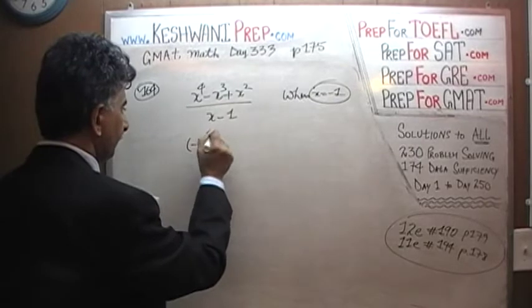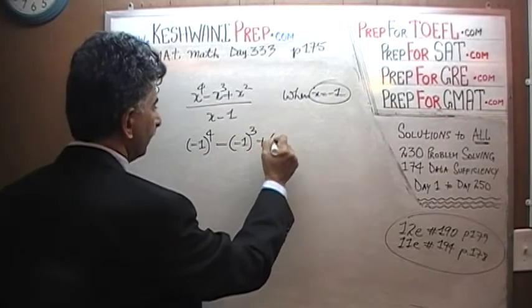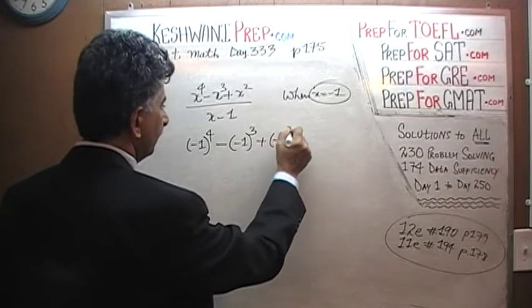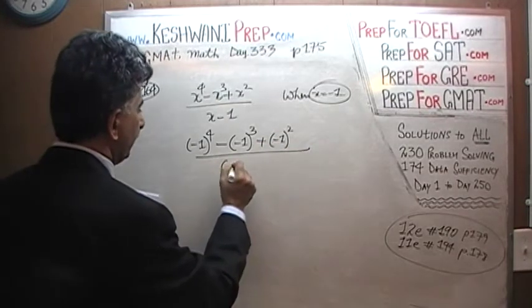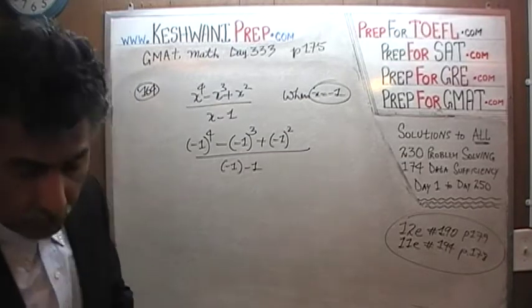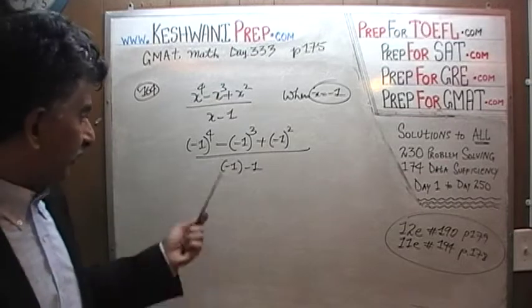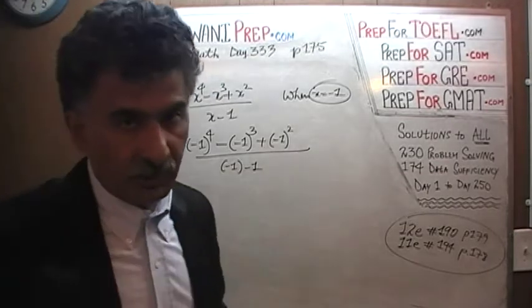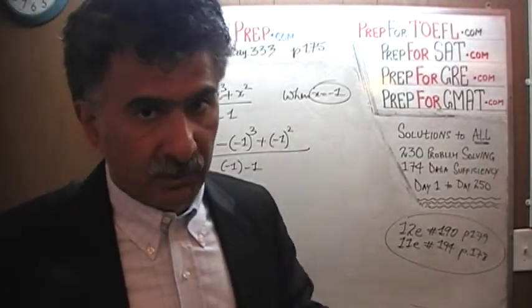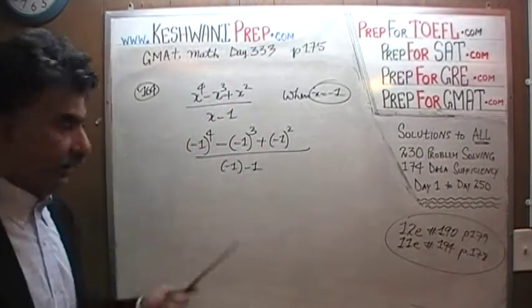Negative 1 raised to 4, minus negative 1 raised to 3, plus negative 1 squared, over negative 1 minus 1. They just want to know if we know that when a negative number is raised to an even power, it becomes positive. Negative 1 times negative 1 is positive 1, and then positive 1 times negative 1 becomes negative 1 again. It's an odd power of 3, and then it becomes positive again.